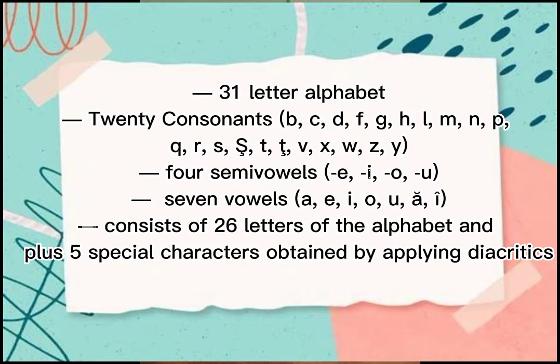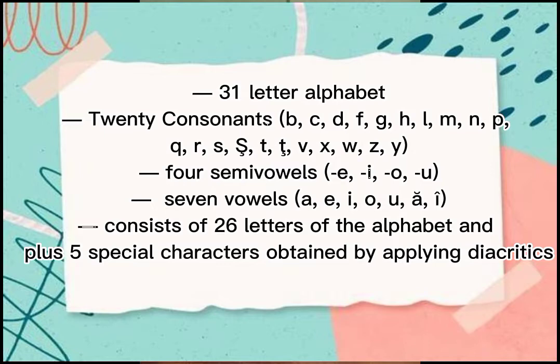The letters are B, C, F, G, H, L, M, N, P, Q, R, S, and S with a cedilla symbol, T, and T with a cedilla symbol, V, W, X, Y, and Z. It also consists of four semi-vowels, which are the letters E, I, O, and U.